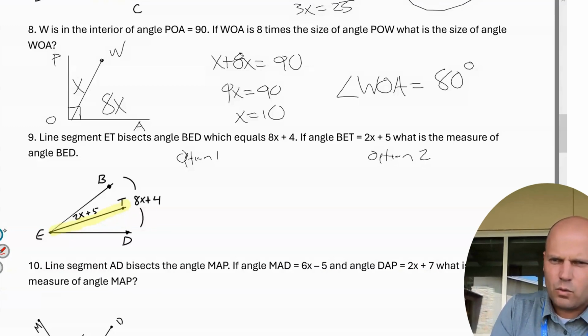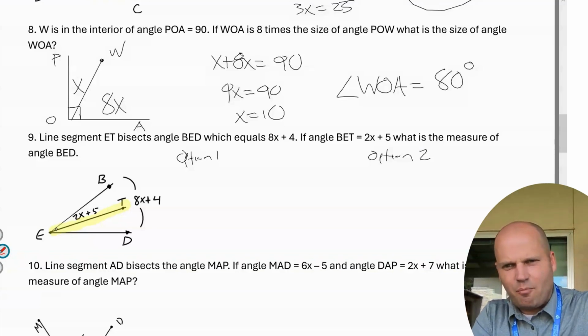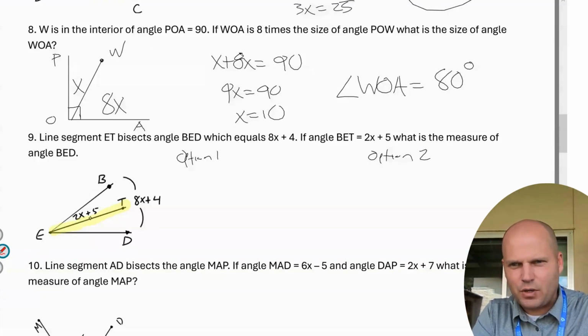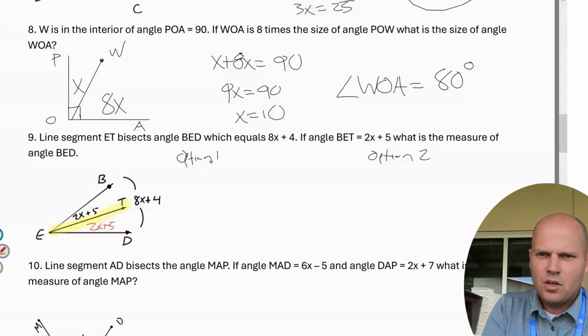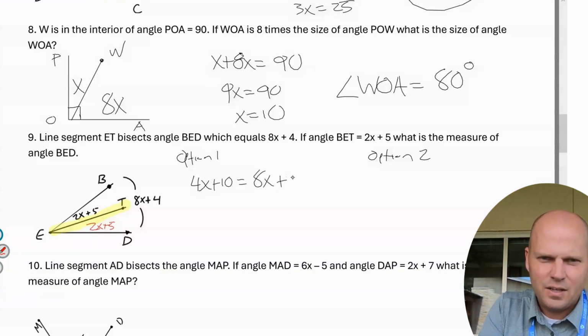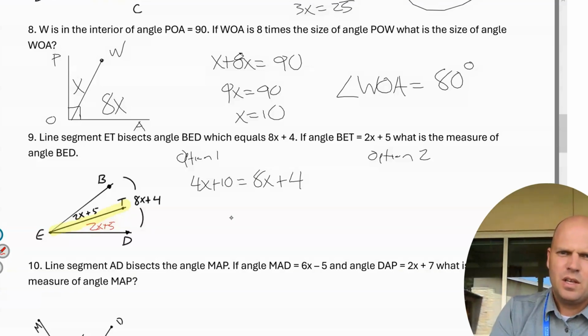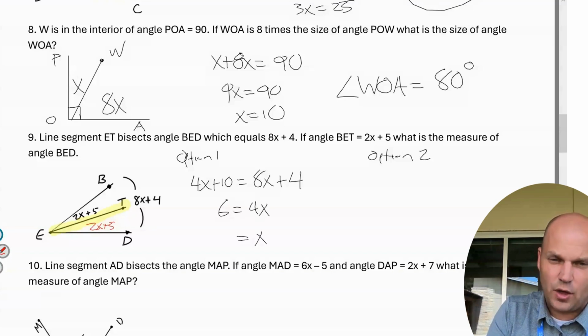Option 1, which is what most students in my class do, is they say if BET is 2x plus 5, TED has to be 2x plus 5. And then they're like, okay, BET plus TED is 4x plus 10. That has to equal BED, which is 8x plus 4, giving me x is 3 halves.